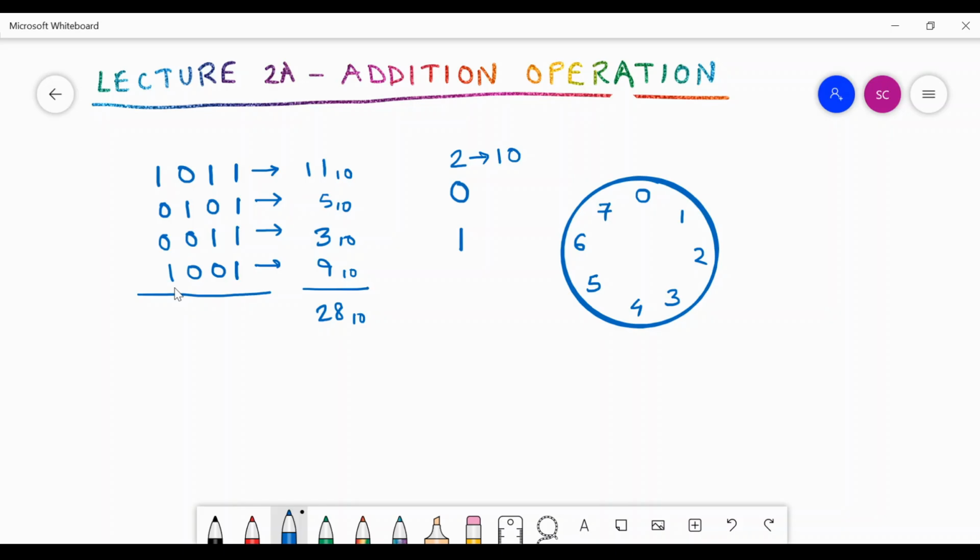However, what we are trying to do here, we want to try to add these numbers. 1111 is 4, and 4 is basically 100 in binary.